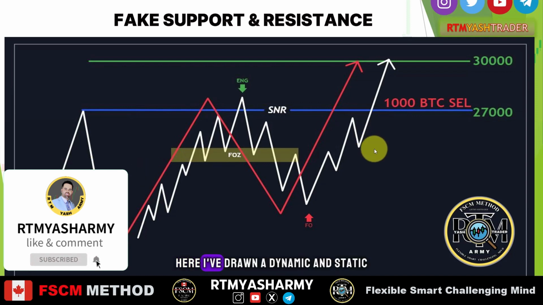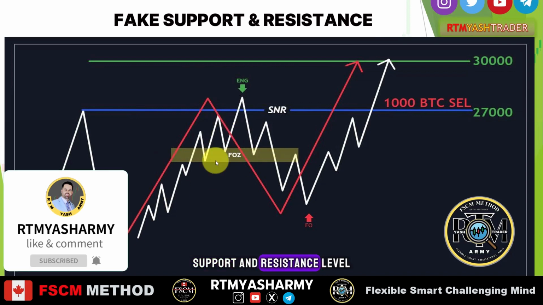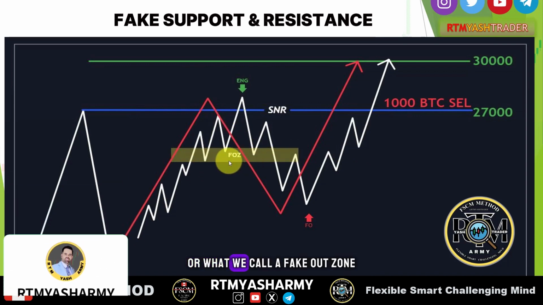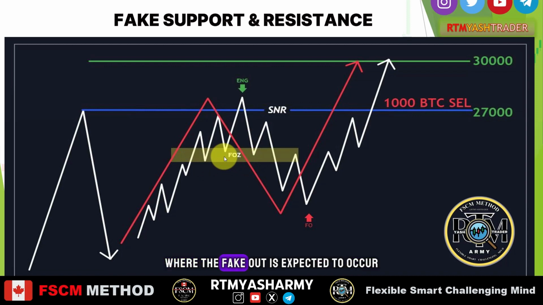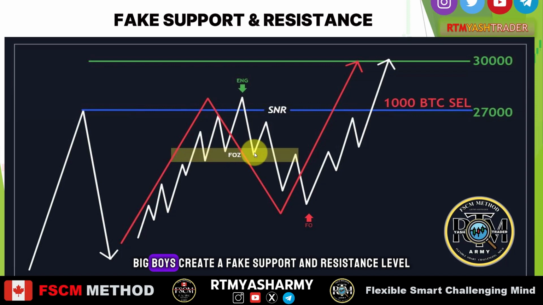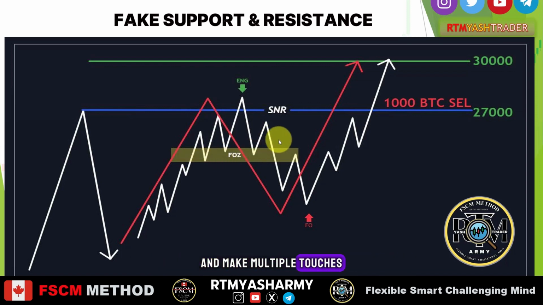Here, I've drawn a dynamic and static support and resistance level, or what we call a fake out zone, where the fake out is expected to occur. What is a fake out zone? Big boys create a fake support and resistance level and make multiple touches to show that it's a valid one.